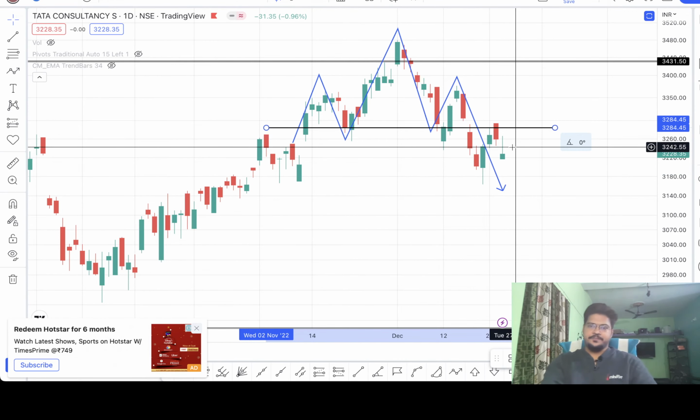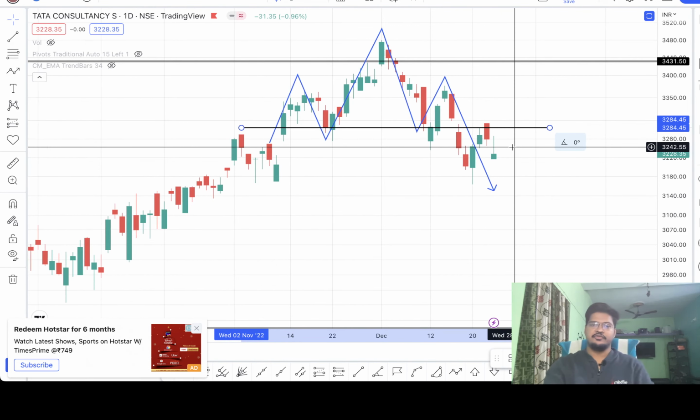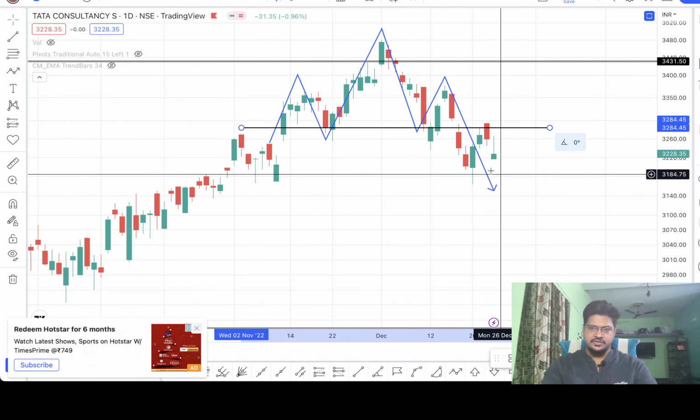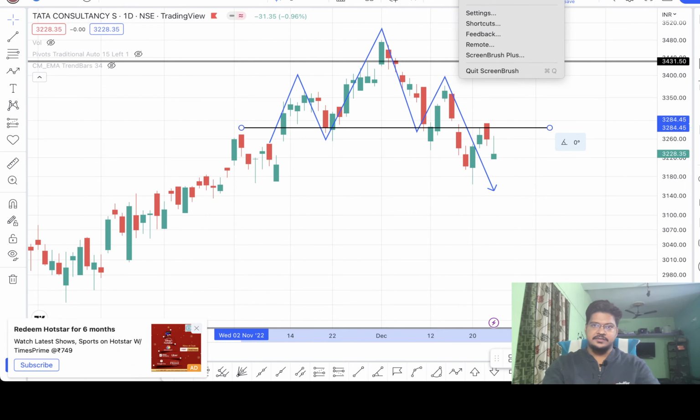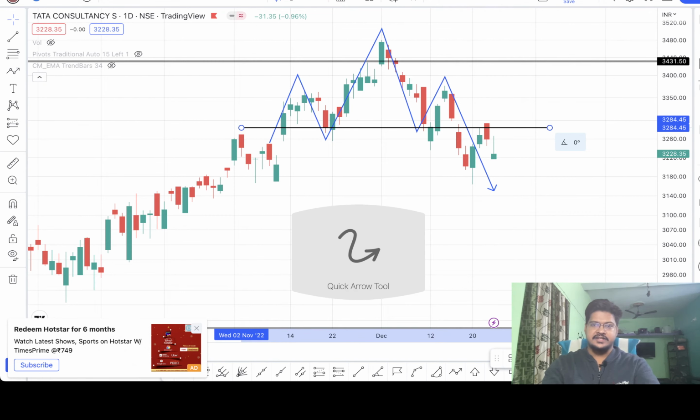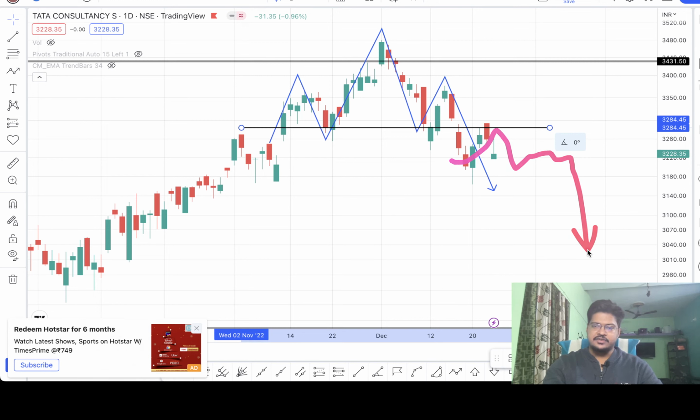So what will happen next? These are the possible scenarios that can take place. First of all, TCS might slow down here a little bit for some days, and then slowly start going down. Or else, as it has retested the neckline, it can directly fall.